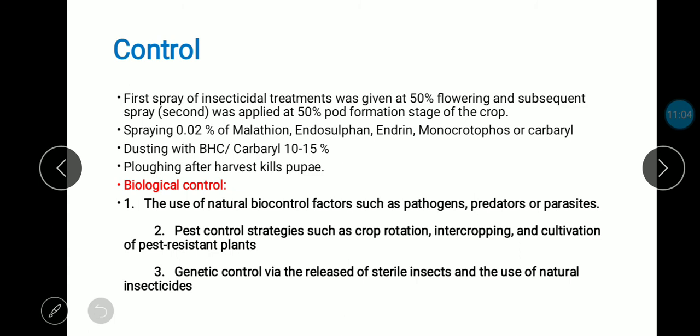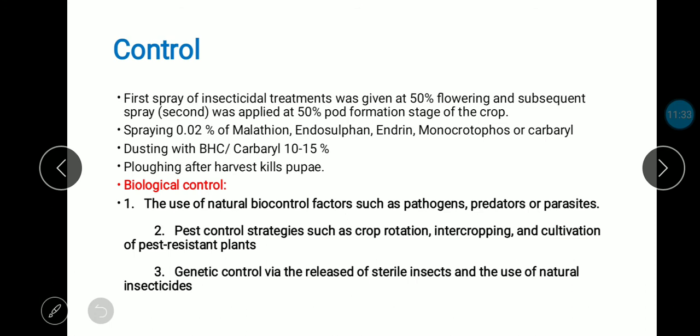of natural insecticides. Release of sterile insects causes a problem in the fertilization of this pest and it helps in minimization of the pest. Natural insecticides may be useful and cause less impact on environmental conditions.